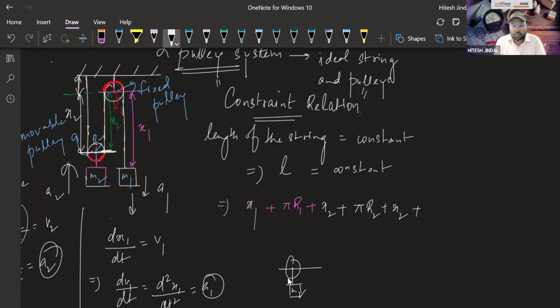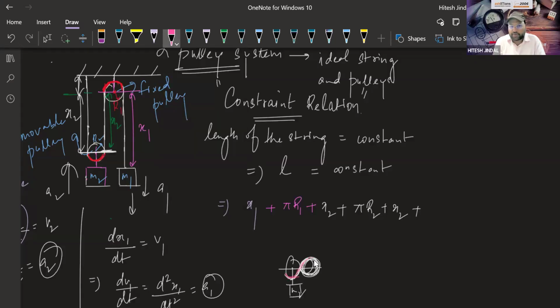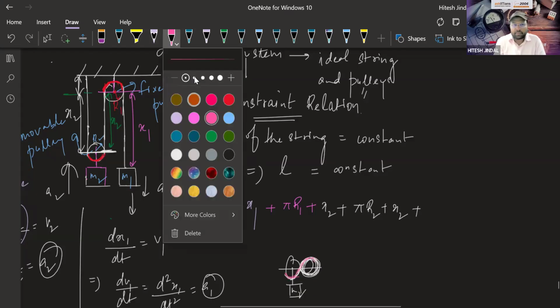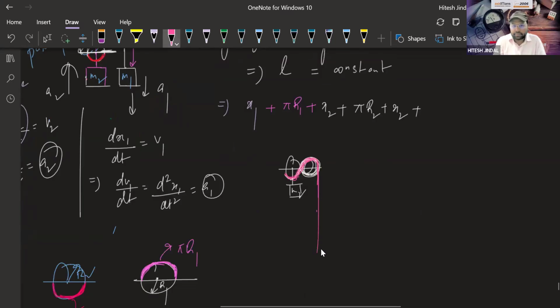Now this is the string, and the string is just directly passing here. We will be having this situation.